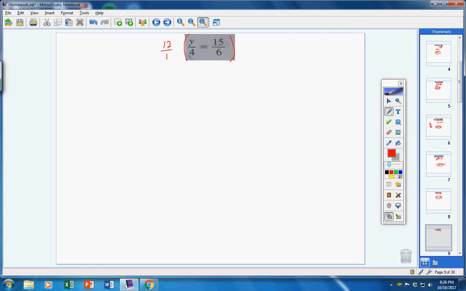12 over 1 times y over 4. 4 cancels into 12 3 times. We get 3y over 1, which is just 3y. Now, 12 over 1 times 15 over 6. Your 6 cancels into 12 two times, and we get 30 over 1, or 30.